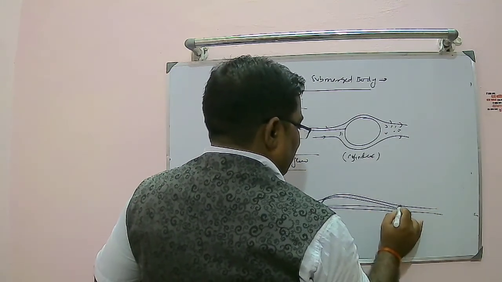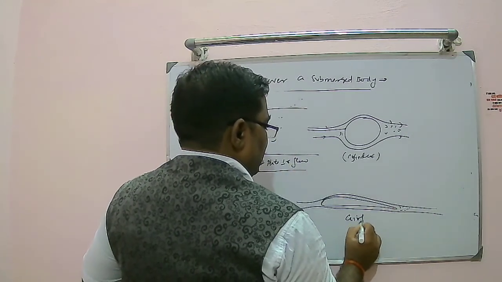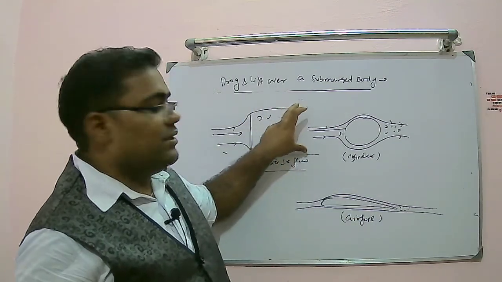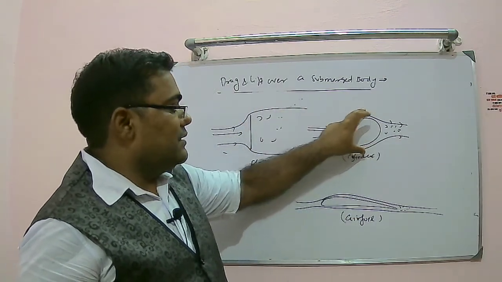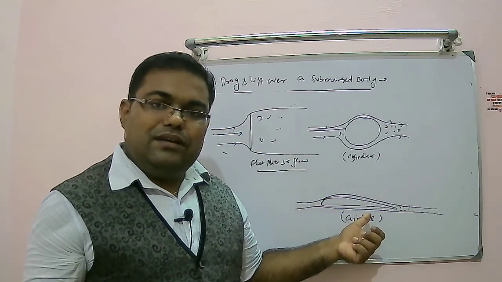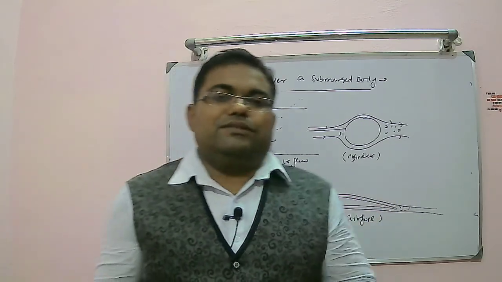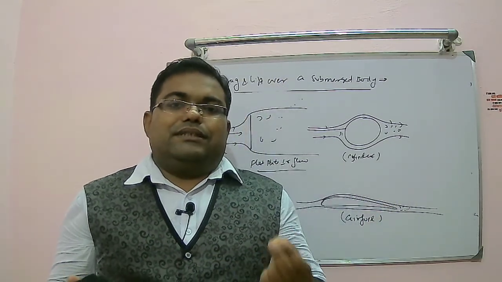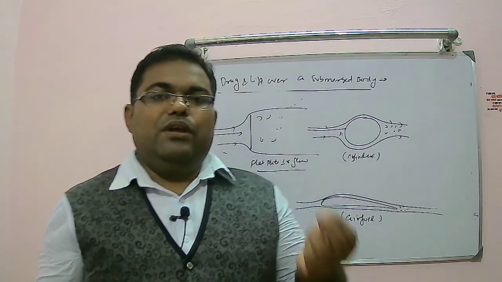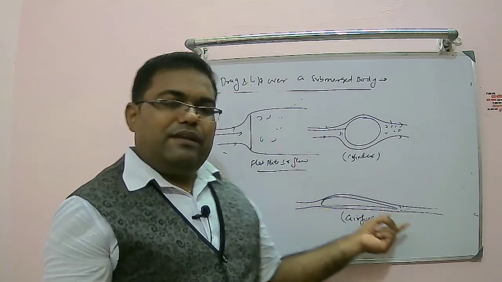So if you look here, the wake formation area is very small in the case of an airfoil. In the first case pressure drag is more, here pressure drag is slightly lesser than this, and here pressure drag is almost negligible, but the length is more, so skin friction drag will be more. As the viscosity of air is very small, skin friction drag will have a very minute contribution in total drag. It may be only 0.5% of the total drag. So that's why we prefer an airfoil kind of shape.